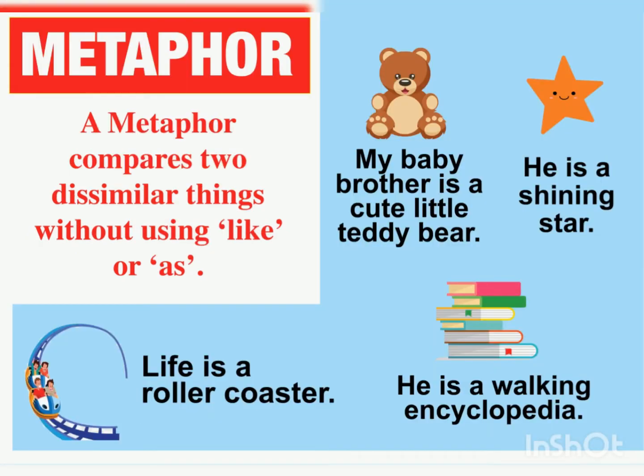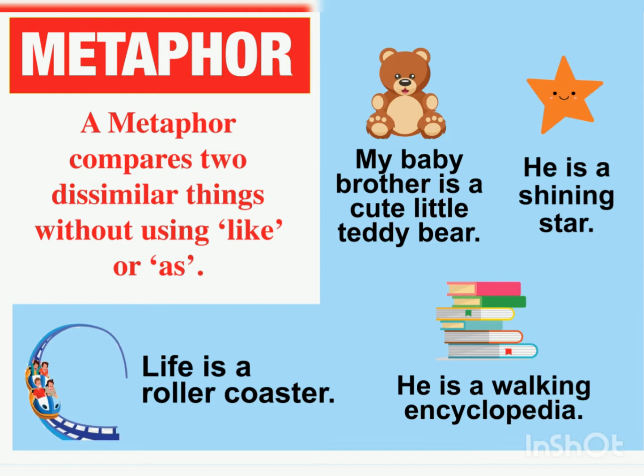The second one is metaphor, which is almost similar to simile. Metaphor also compares two different things, but we do not use like or as. Now, you might have heard when the class is in chaos and the teacher barges into the class and says, the class is a fish market. So here the class is being compared to a market.